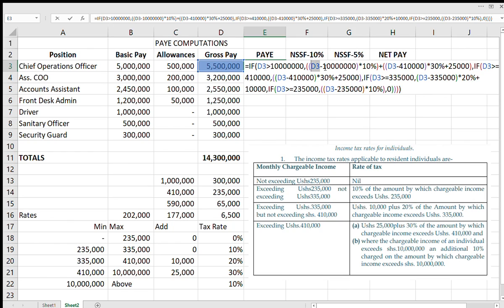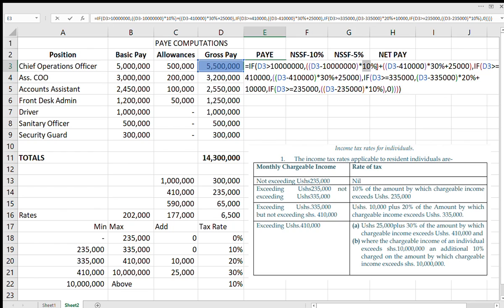Take away the 10 million to see how much is above 10 million. Then that one is what we shall be multiplying with the 10% here. Remember, we are following this situation which we have summarized here.